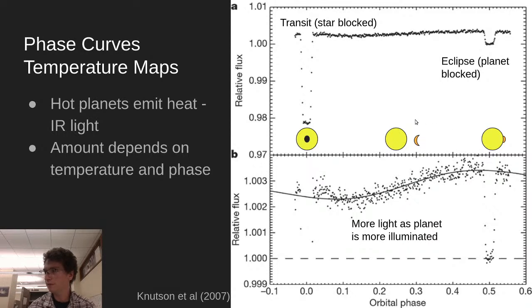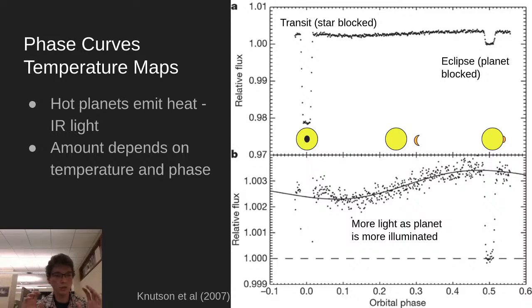It will have, I tried to draw it here, it will have an orbital phase. It will do something like the moon or Venus does, where we see more and more of it lit up. As we see more and more of this hot side lit up, we get more and more infrared light, and this is all coming from the planet because the star is hopefully pretty stable.